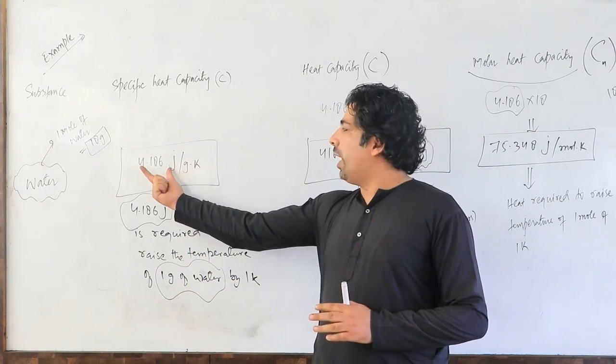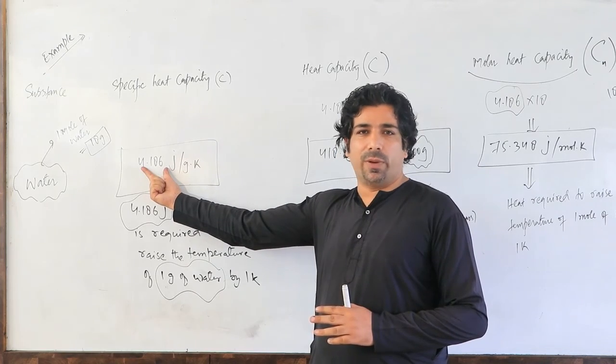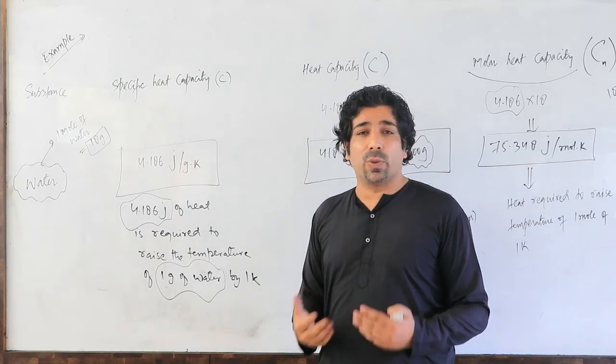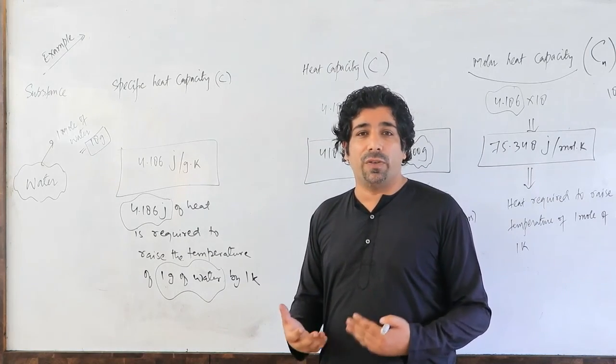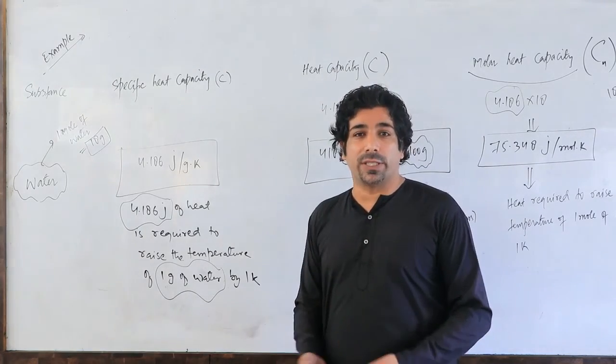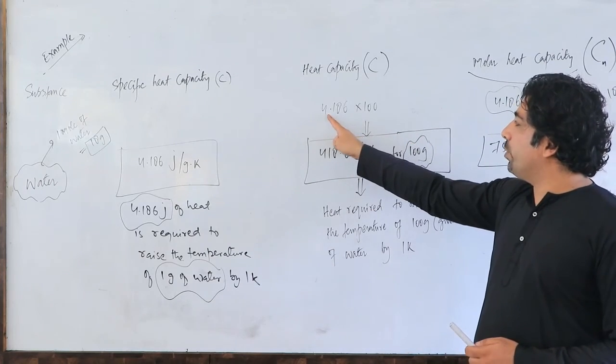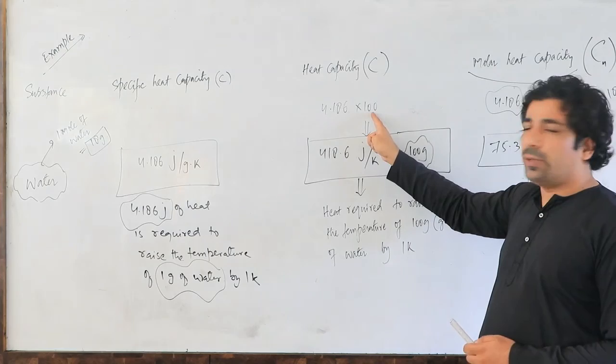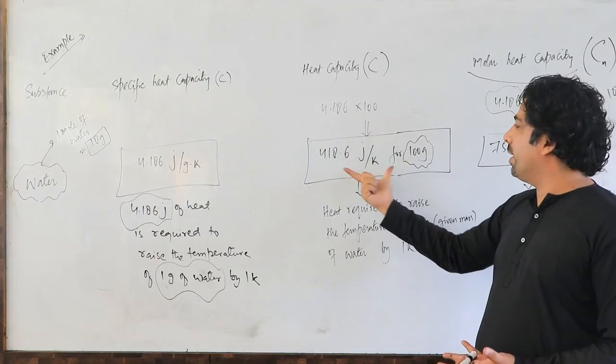And we know how much heat is required for 1 gram of water, that is 4.186 joules. Then how much heat is required to raise the temperature of 100 grams of water? For 1 gram, we know it is 4.186 joules. So for 100 grams, multiplied by 100, I will get the result here.